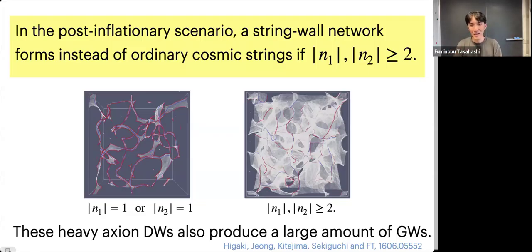But in the actual cosmological evolution, these boundaries are never formed. And this is the reason why domain walls remain in this case. And of course, if you consider large n1, especially if the greatest common divisor of n1 and n2 is greater than or equal to 2, then the situation is very similar to the ordinary domain walls, because in that case, we do have physically distinct vacua.